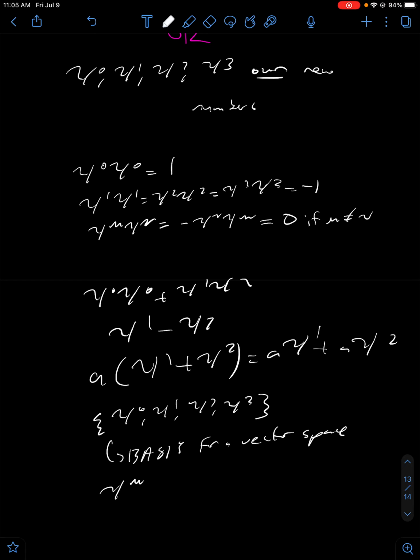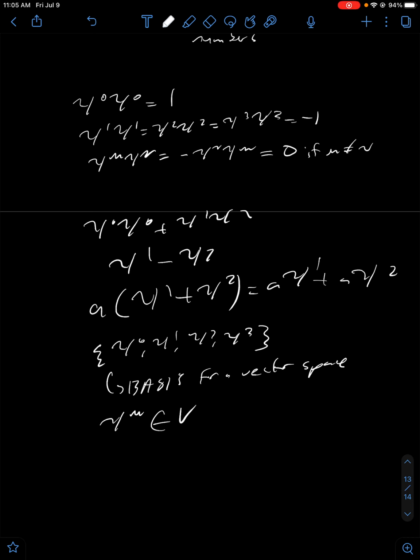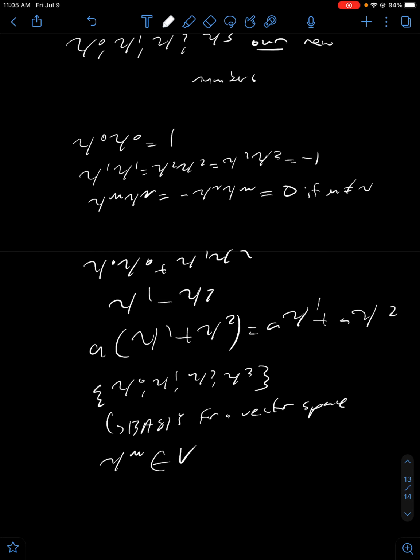So gamma mu is an element of this vector space. Now there are of course more caveats to the definition of a vector space, but basically, if you can add it, if you can subtract it, if you can multiply it, it's a vector space. So yeah, these gamma numbers form a vector space. Okay.